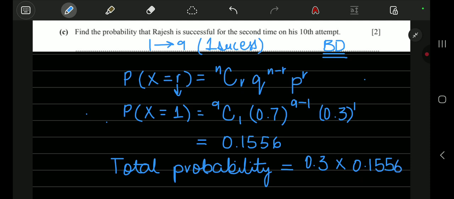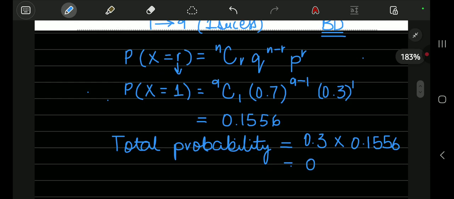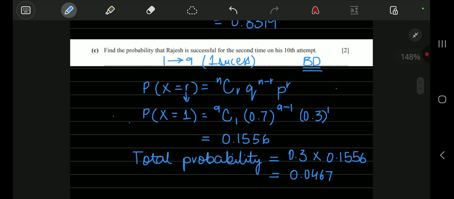So the total would be 0.0467. Okay, so that's all about question 1.